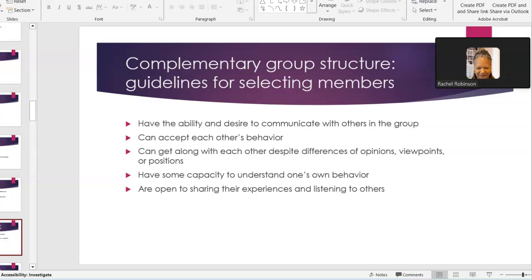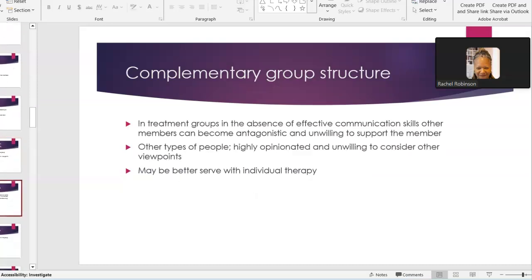And then there's some intrapsychic or internal insight that they need to be able to do to understand their own behavior as it relates to others. And they are open to sharing their experiences, but not just hogging the floor, but also listening to others. Once again, look at Nancy's group to see if that's a possibility.